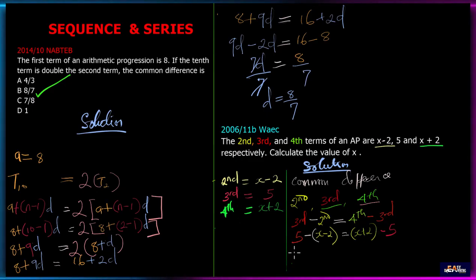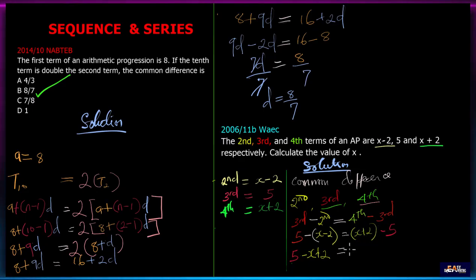The minus affects the bracket, so this becomes minus x, and the minus affects the plus 2, becoming minus 2.